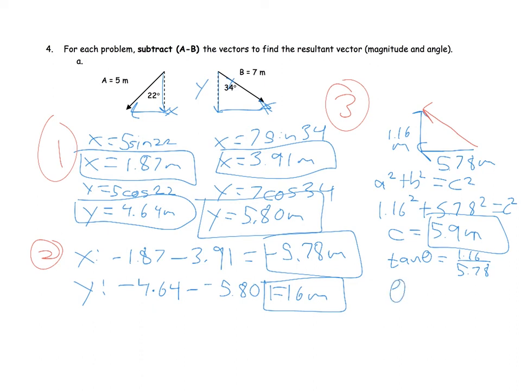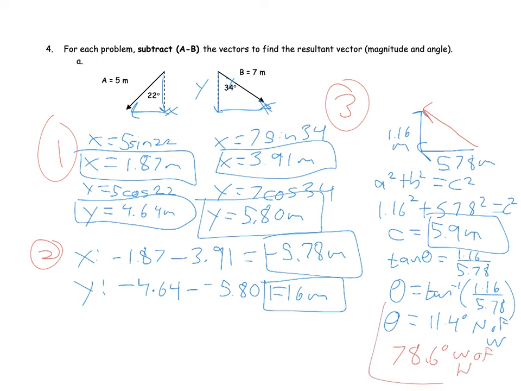And so I get that the angle is the inverse tangent of that. And so for my angle, I get an answer of 11.4 degrees, and that would be north of west. I also could get the reverse of that, so 78.6 degrees west of north. Either one would be acceptable there.